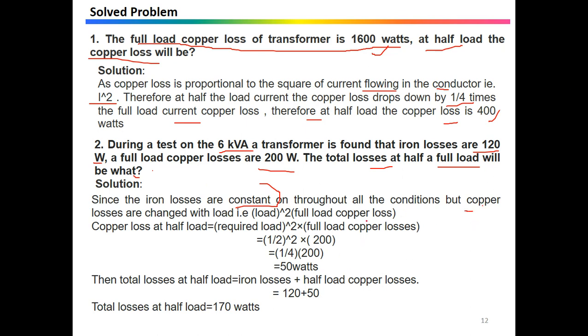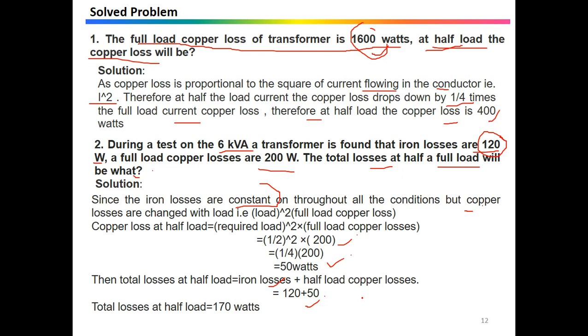As we have seen, at half load the power is I squared, so it becomes 1/4. Multiplying 200 by 1/4, it becomes 50 watt, and the iron loss is 120 watt. So the total loss will be 120 plus 50, that is 170 watt.